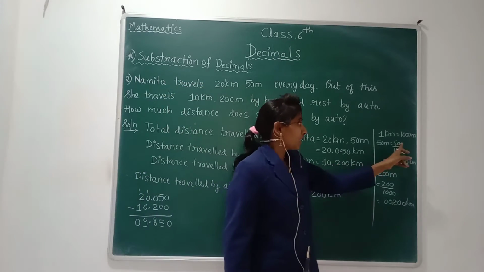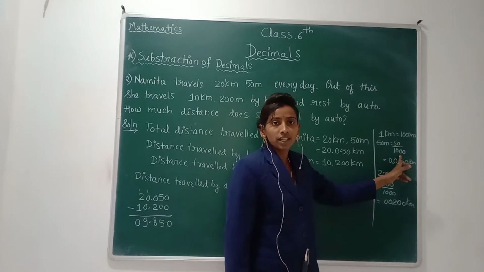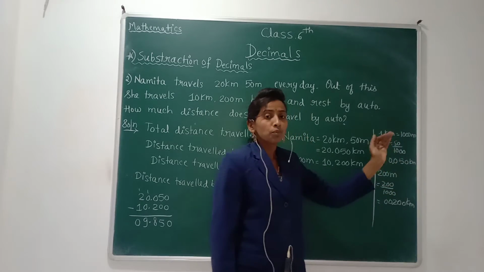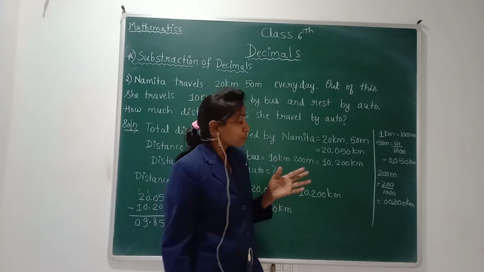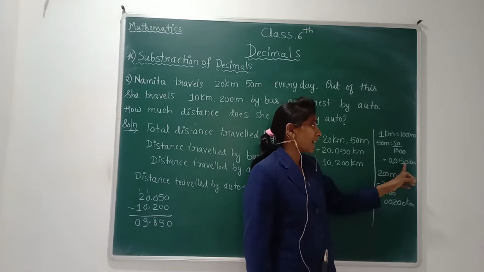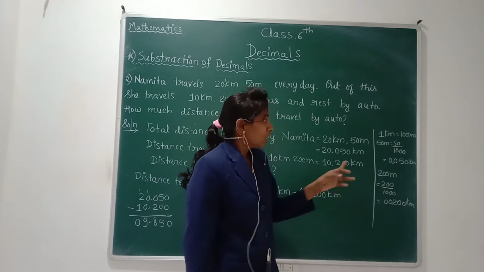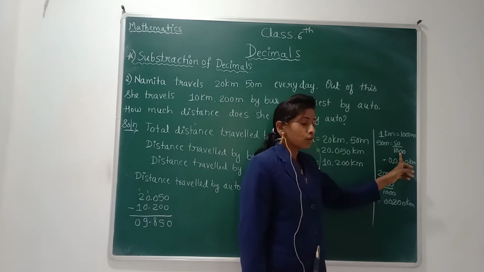So 50 divided by 1000, how to write in decimal? So write 50. Before that put 0, how much you want, that much. Okay. So means 0050 kilometer I have written. So how many digits we have to leave, see?